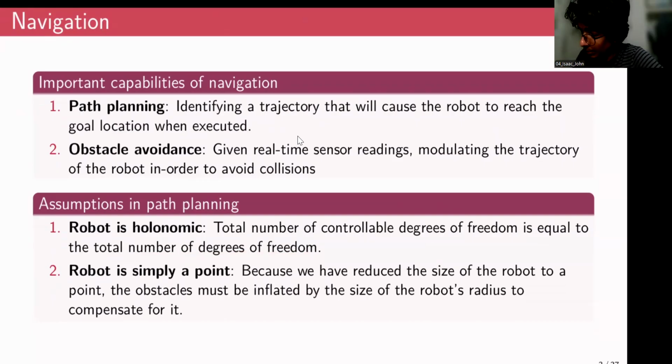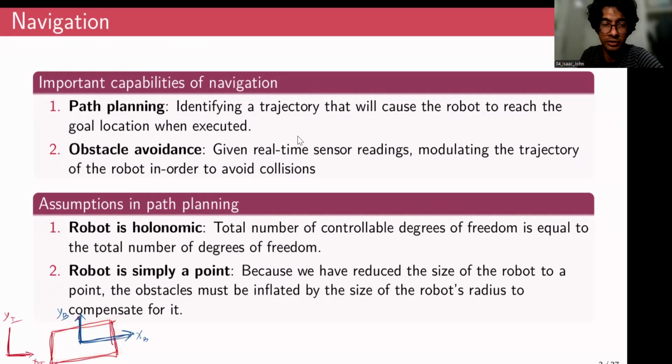So if you consider this to be the chassis of a mobile robot, the entire rigid body of this robot can be fully defined by a frame of reference that is attached to the rigid body, or to the chassis of the mobile robot. So if I call this XB and YB, and if I denote a global frame of reference, or an inertial frame of reference, over here attached to the ground, XI and YI, you need 3 coordinates to fully define the position and orientation of this rigid body, right?